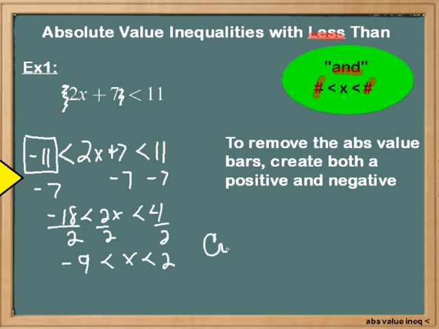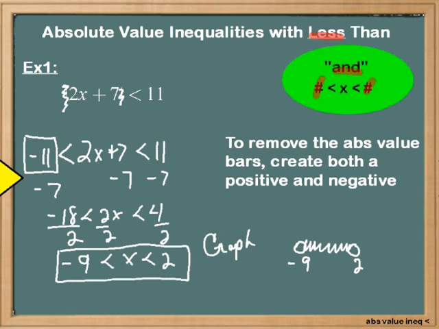If we were asked to graph this, then we would have to put an open circle at the -9, an open circle at the 2, and since it's wedged, it would mean all values in between. So this is our mathematical sentence. We would leave it like this. That's our answer. And this is what our graph would look like.